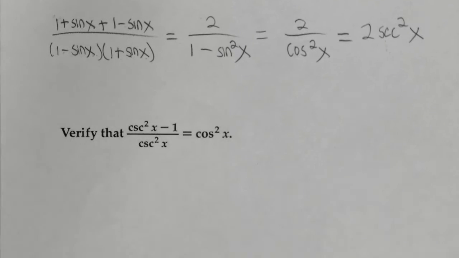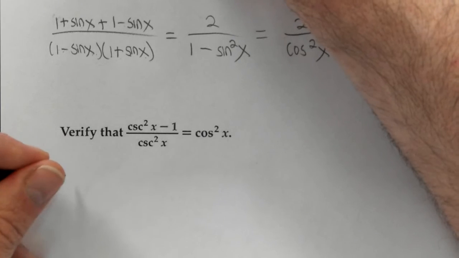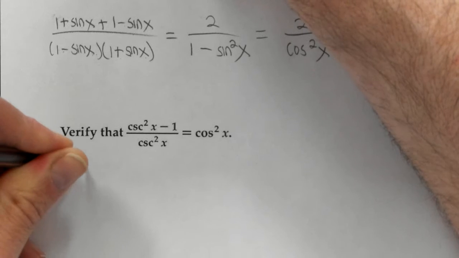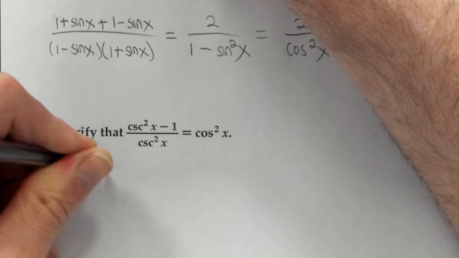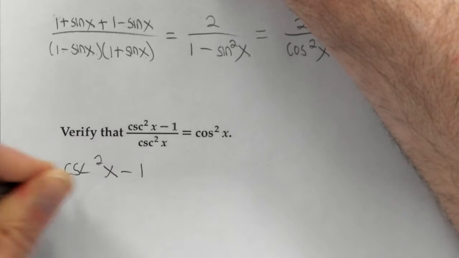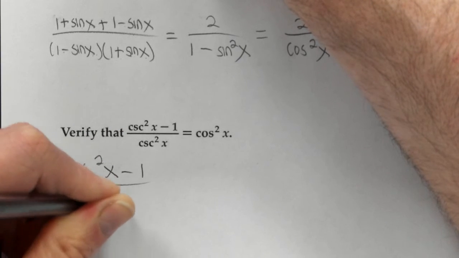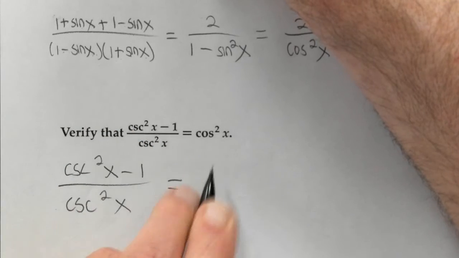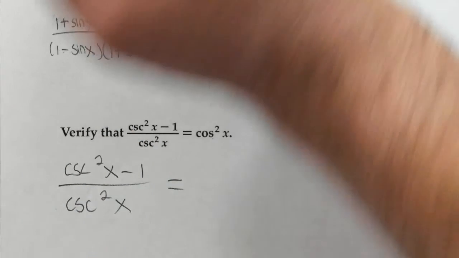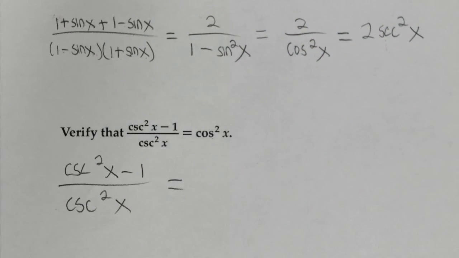What about this? We'll start with the left-hand side. It'll be cosecant squared x minus 1 over cosecant squared x, and we're trying to turn this into cosine squared x. So let's think about what we can do here.